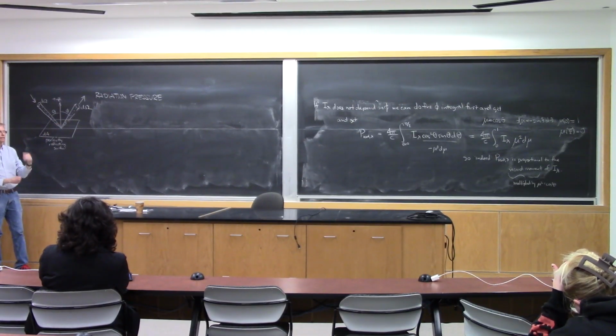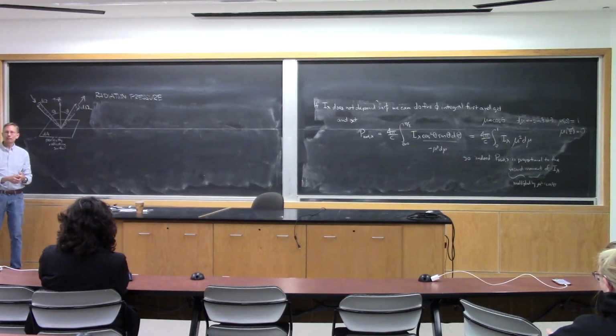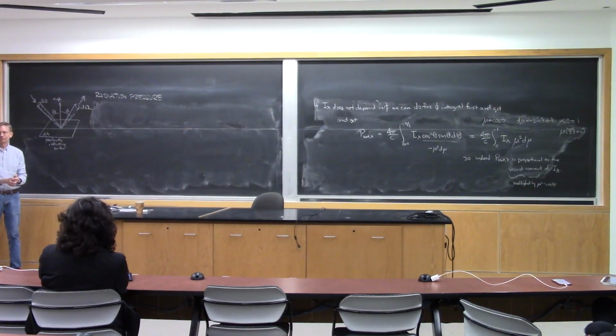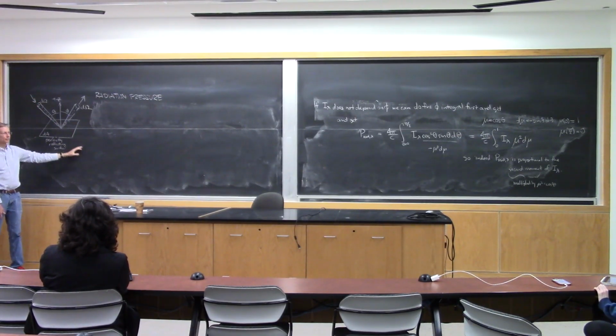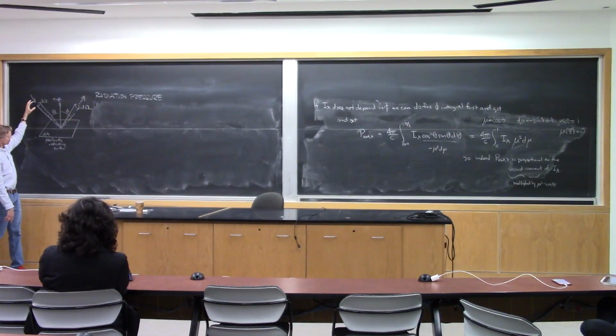There's still momentum being transferred through that surface. If I take upwards to be the positive direction, then from above, is it positive or negative momentum that is flowing through that surface? I get rid of the mirror, so it's just a hypothetical surface in space. Is there positive or negative momentum flowing into that surface due to the photons streaming through it?